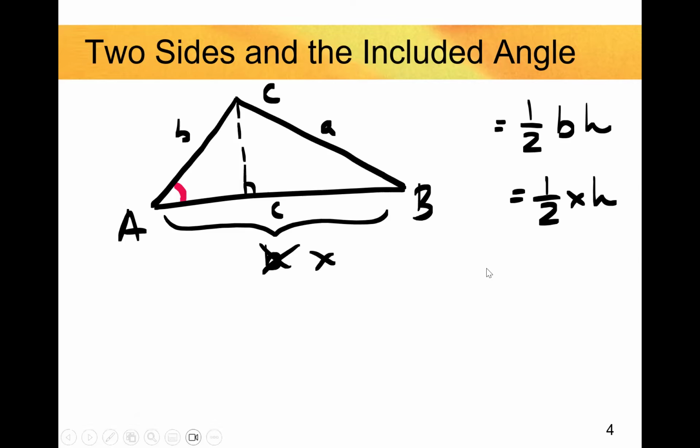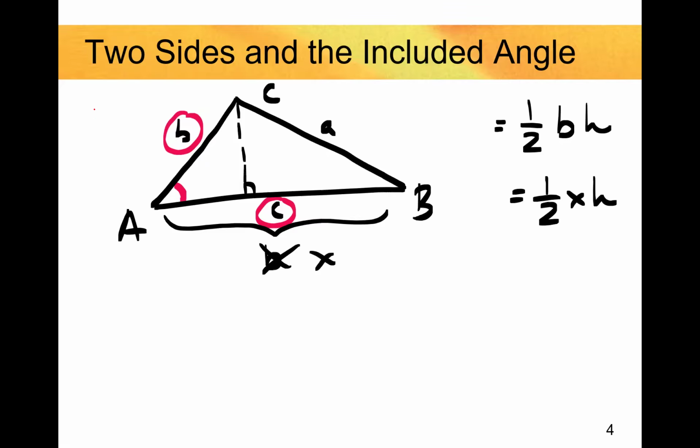Oh, but hold on. Question is this. I know this side here. I know this angle measurement here. And I technically would know this. So I'm going to slow down here. So two sides and the included angle, right? This is the SAS formula from geometry, right?